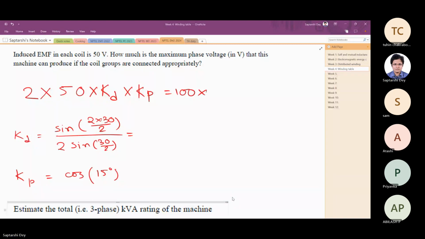Are you doing? I hope you sit with calculators for this class. Sine 30 by 2 times sine 15. Why would that take this long?